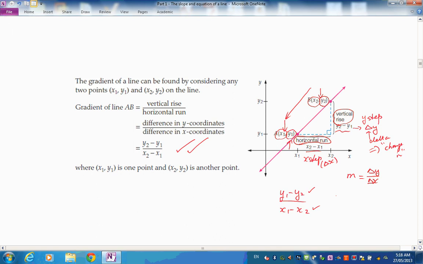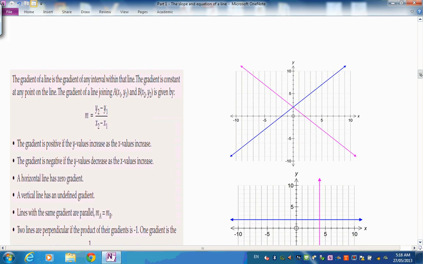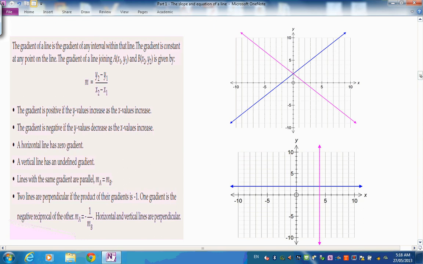All right, so let's go down and investigate this a little bit more. Here we have some properties that hopefully you've seen in your earlier maths, but it doesn't matter. It's catch-up time now. So the gradient is this, and what we're saying here is the gradient is constant for a straight line. Can you see that?